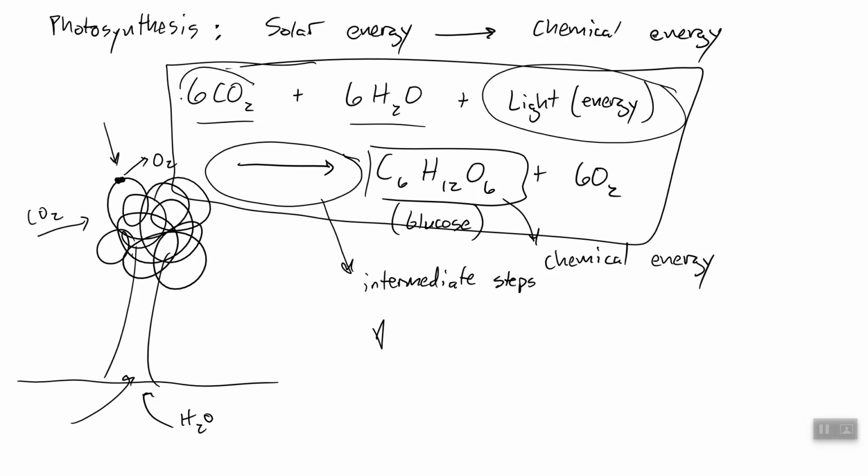Now, that means we need a certain amount of CO2 and a certain amount of water. However, if the available light, so if there's a lot of light and maybe not a lot of CO2 in the air surrounding the tree at that moment, then the plant photorespires.